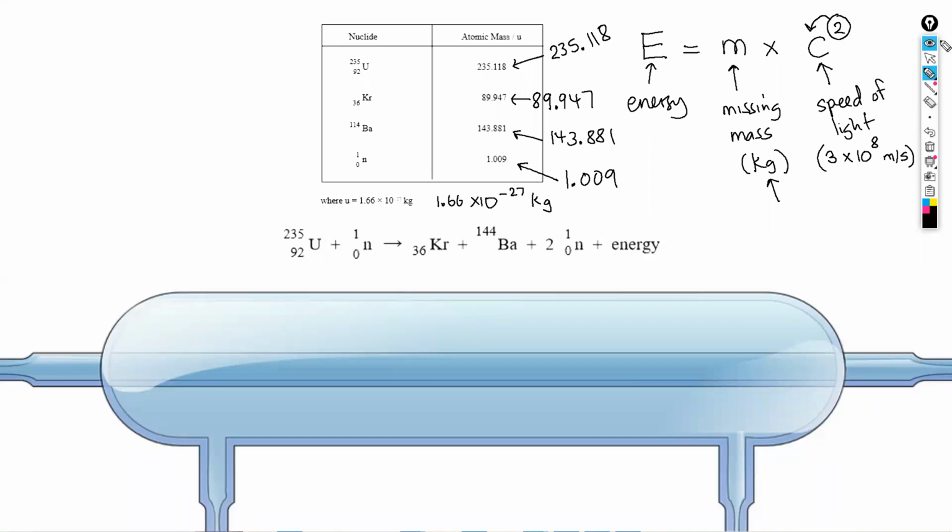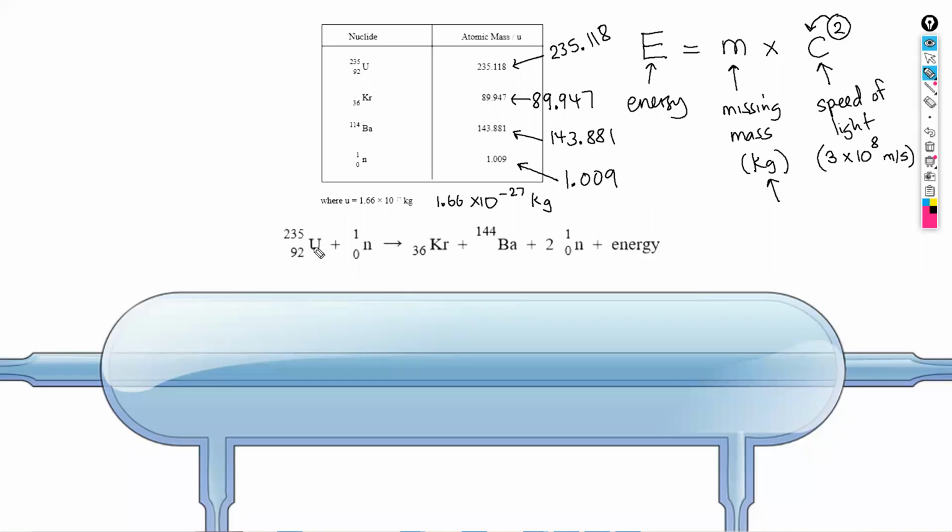So what usually happens in a nuclear reactor is that you start off with uranium, a special type of uranium. And the uranium we're using today is uranium-235. You will take a neutron and shoot it like a bullet towards the uranium.